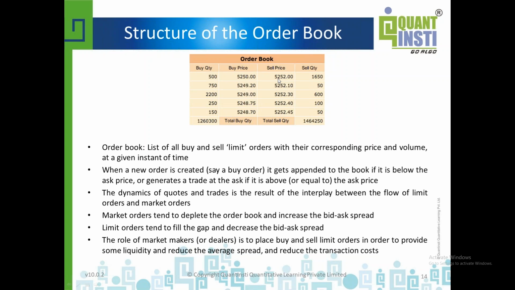There are transaction costs. So if God tells me that the fair price of this asset is 5250, I would never want to buy it at 5250. I would want to buy that asset at a slightly lower price, maybe even 5249.95, lower than the fair price, because some money will go in transaction costs, brokerage and whatnot.